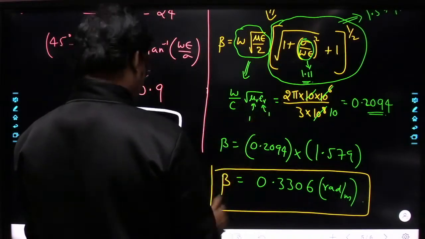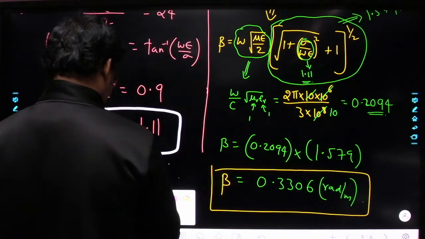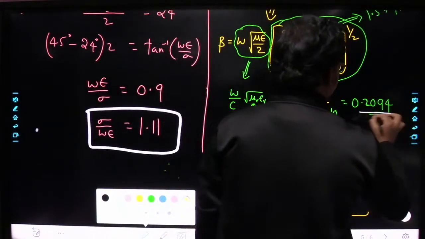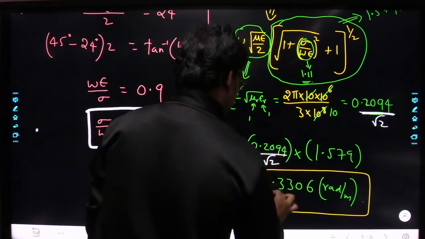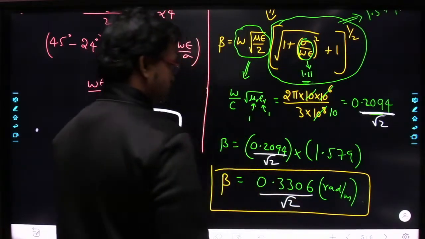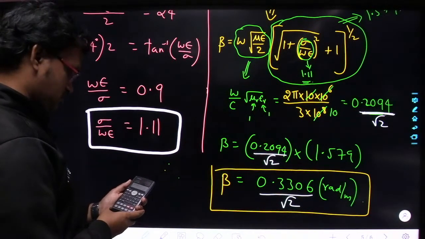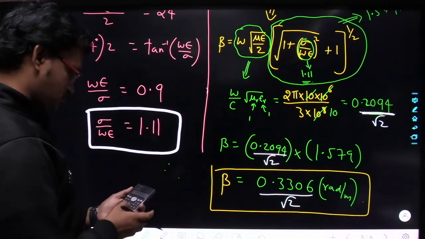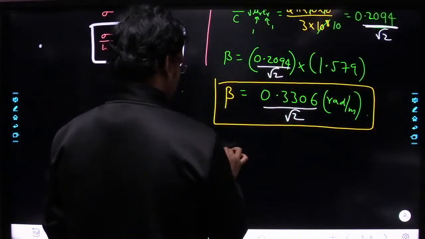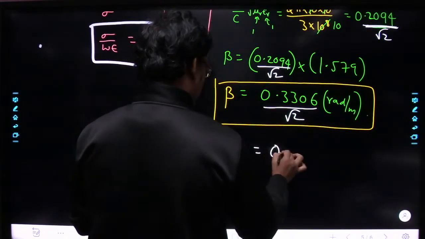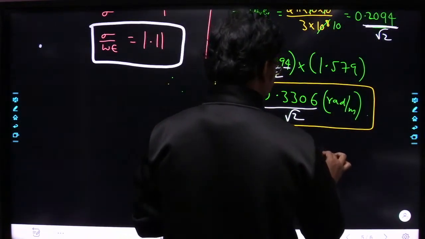Sorry, I forgot to take this root 2 here. So this value is divided by root 2. 0.3306 divided by root 2, therefore beta is equal to 0.233 radian per meter.